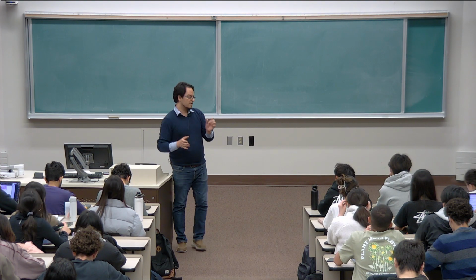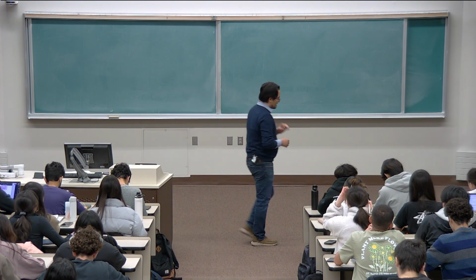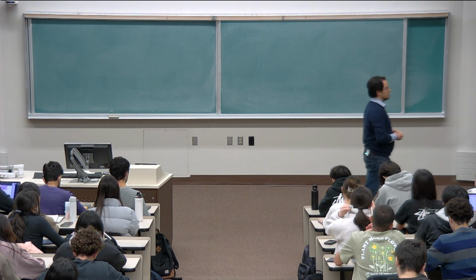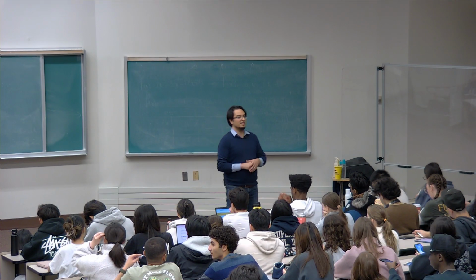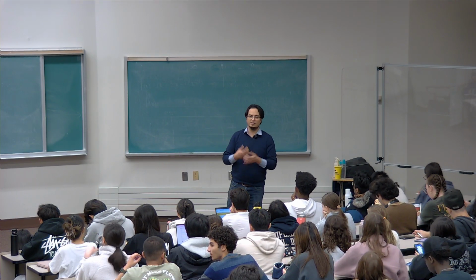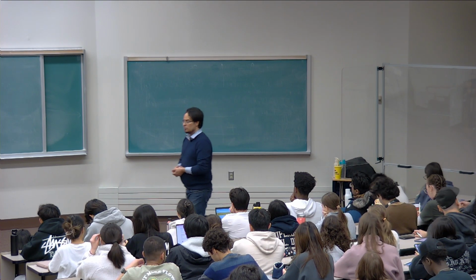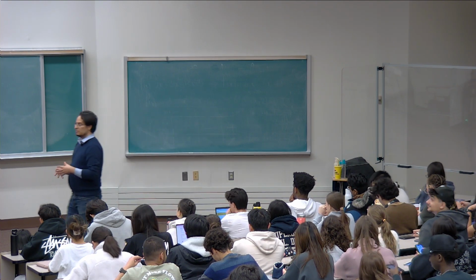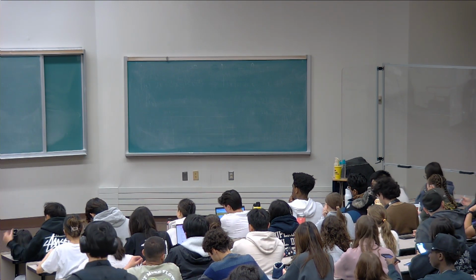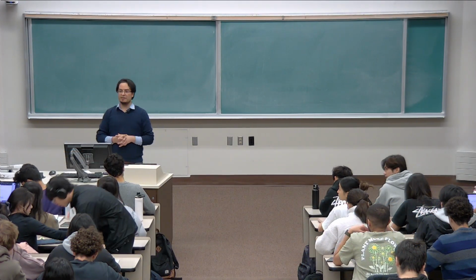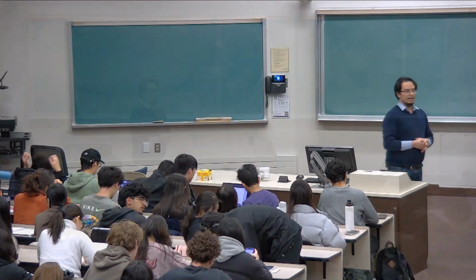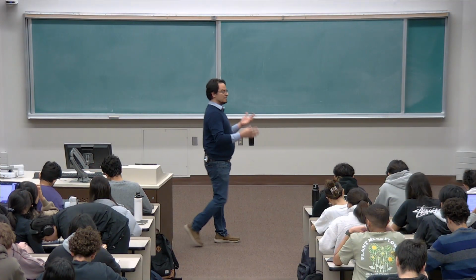So this last piece of chapter 4 is about antiderivatives and indefinite integrals. So we are going to learn about the basics of antiderivatives today and then fix our notation for indefinite integrals and do a few examples.